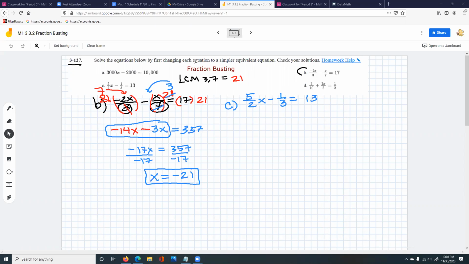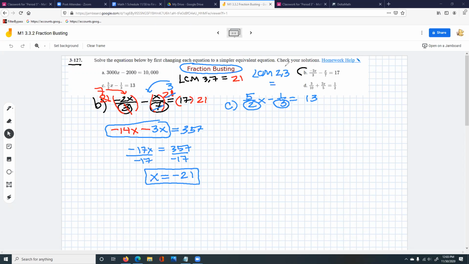So again, we want to use fraction busting. We want to get rid of the fractions. So let's look at our denominators. Our denominators are 2 and 3. So what is the lowest common multiple of 2 and 3, you guys? Just multiply them, right?